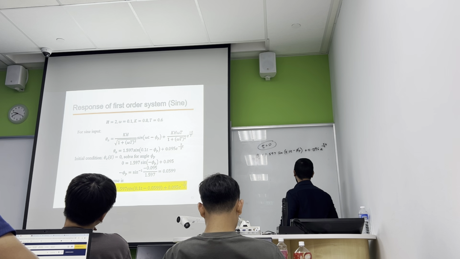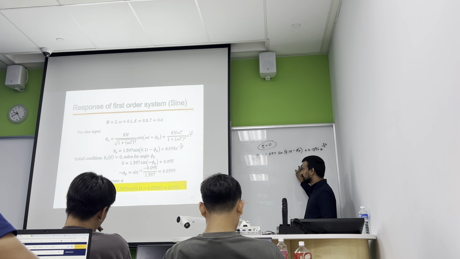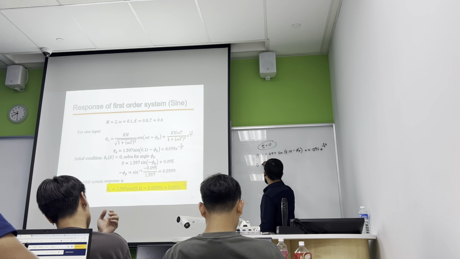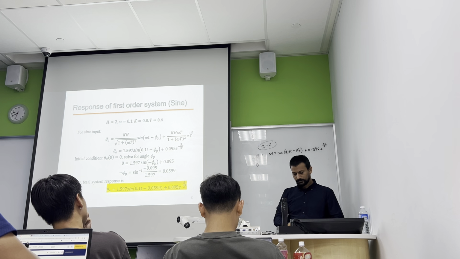Let me reconfirm the sine. Yeah, so everything is there. First I write the equation and the initial condition, this is going to be 0. Whenever you get a t value, you try to make it 0.